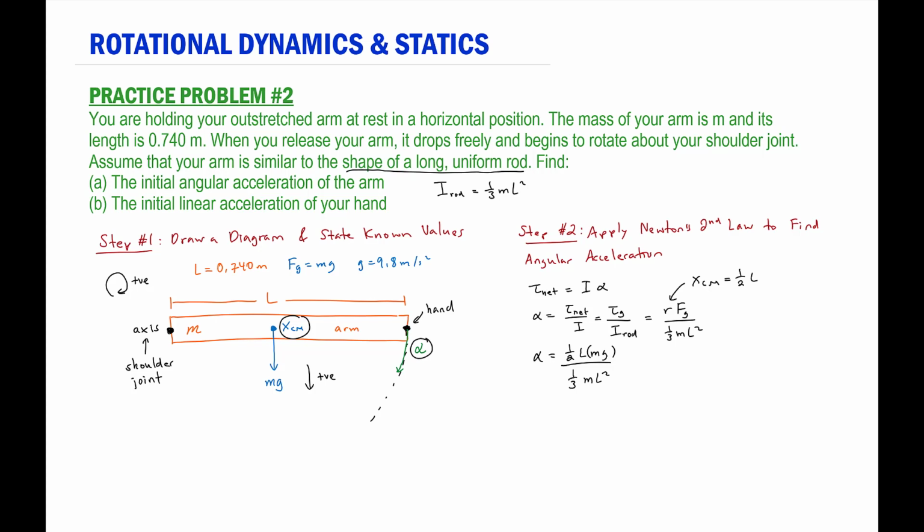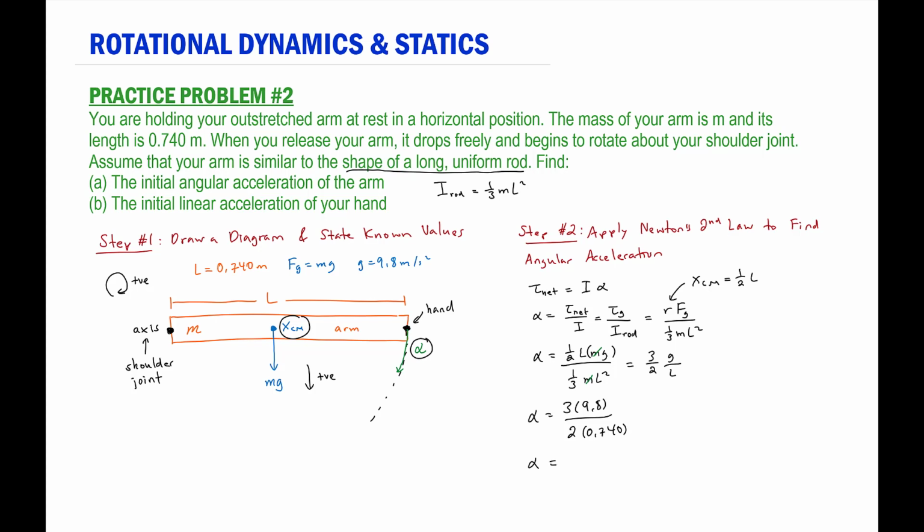The m's cancel out, which is why they didn't give a value for m. And that gives us 3/2 g over L. So alpha is equal to 3 times 9.8 divided by 2 times the length of the arm, which is 0.740 meters.